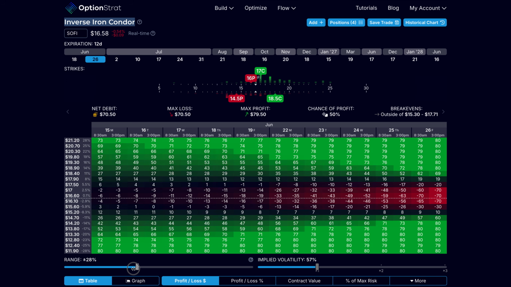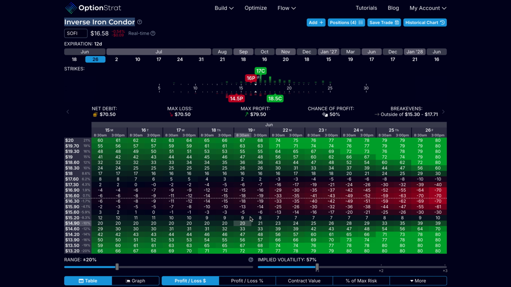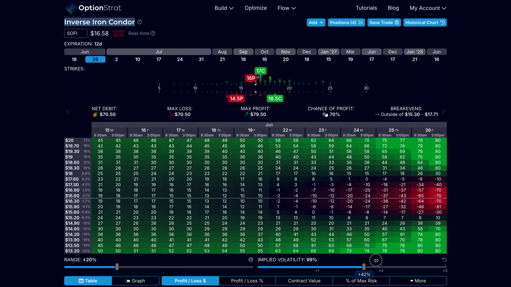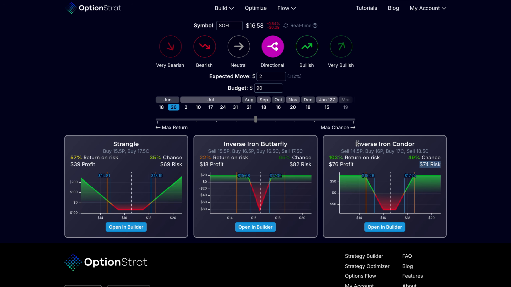You can take a closer look at the P&L chart here, or you can take a look at what might happen with changes in implied volatility, for example. And again, you can go back and look at one of these other trades as well, and then make your own decisions on which trade you prefer, if you prefer any. If not, right, you can move on and go to the next trade.